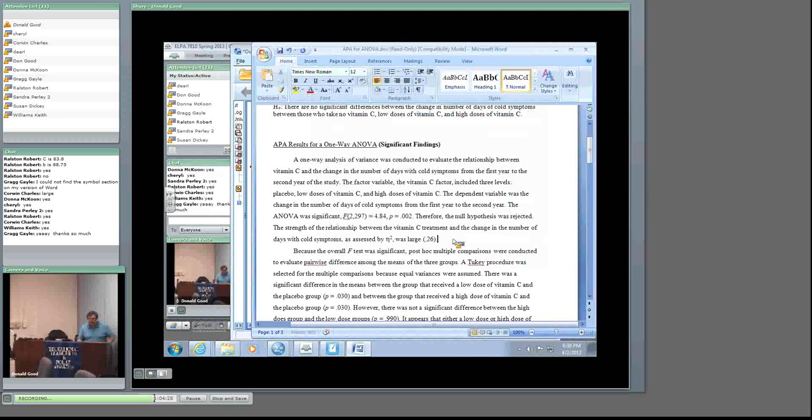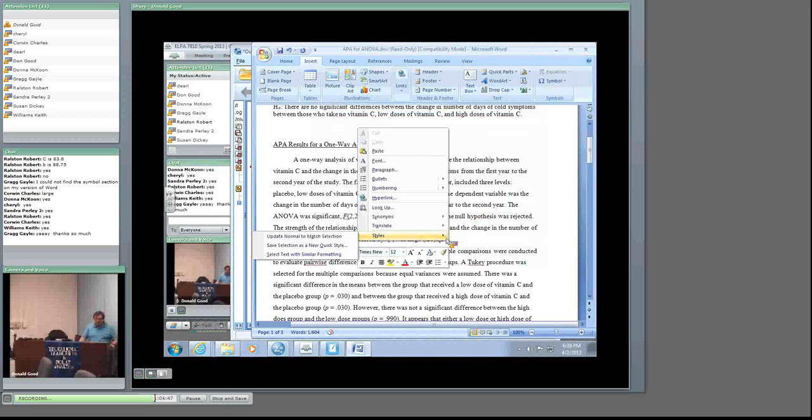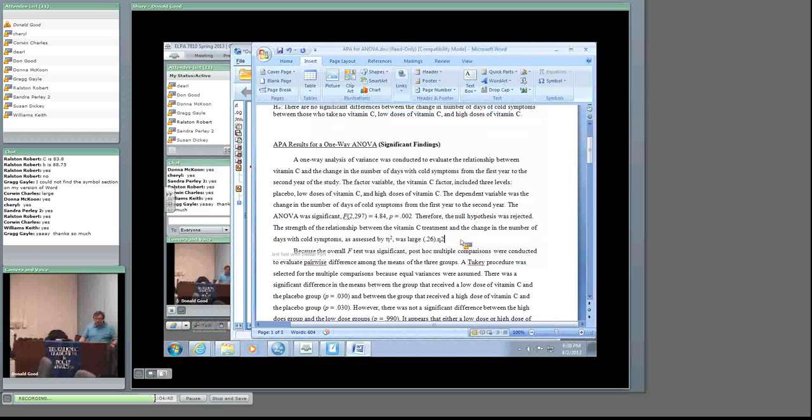Do it again, eta squared. There's my eta squared. If I want to square it, I'm going to put a 2 and highlight it. You can right click, except I lost my highlighting.